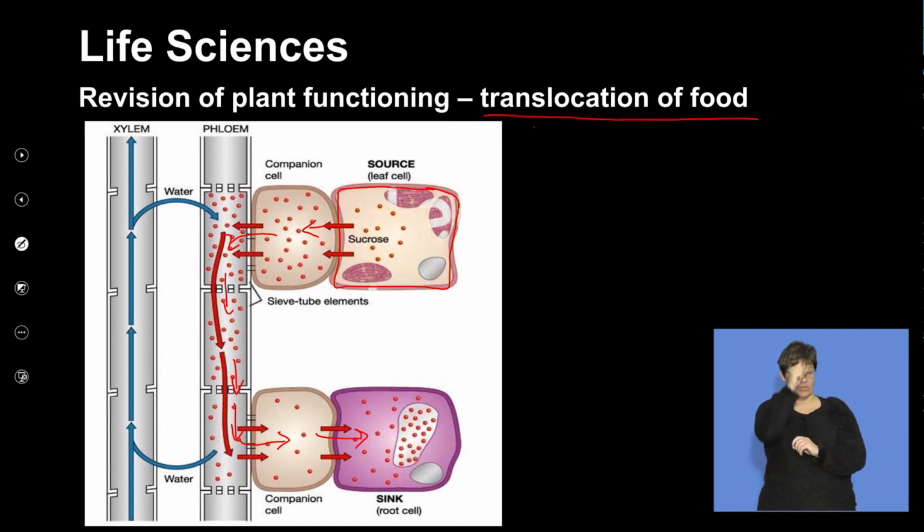Now, the reason why phloem has companion cells is that substances don't always move down. Sometimes, if a flower or a fruit is being made, the leaves make food and they send it up to the fruit in the phloem. And that's why you have companion cells, so that if necessary, the sugar can be moved up into the fruits.